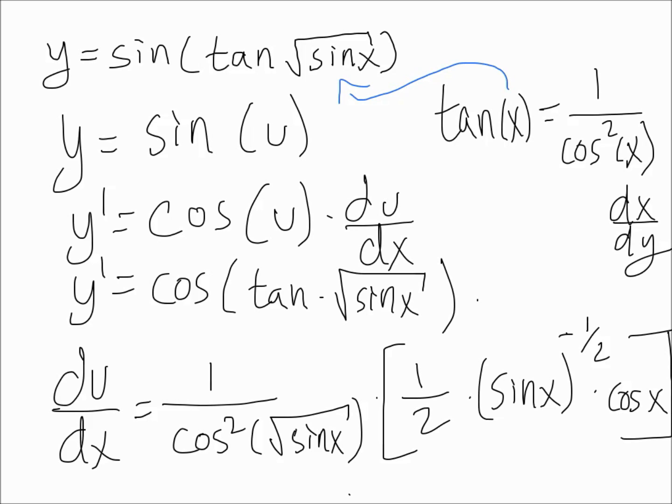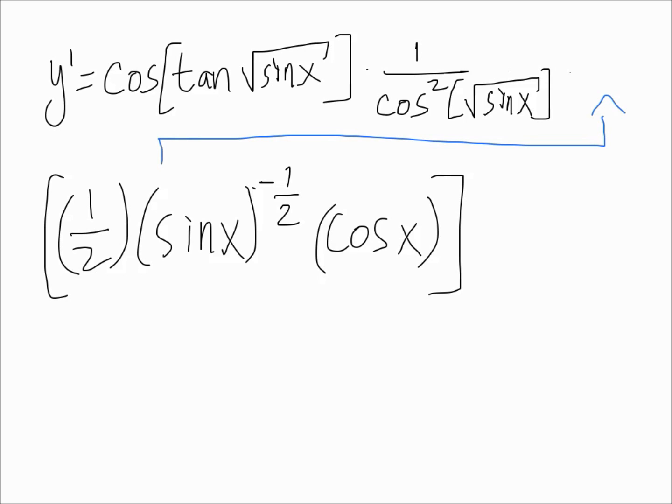Then you plug this in here, so here we will have du/dx. All of this goes here. I'll show you the final answer. Okay, so there it is. y prime is cosine of tan of the square root of sine x, times 1 over cosine squared of the square root of sine x, times 1/2 times sine of x to the negative half times cosine of x. So yeah, it's a little complicated problem.